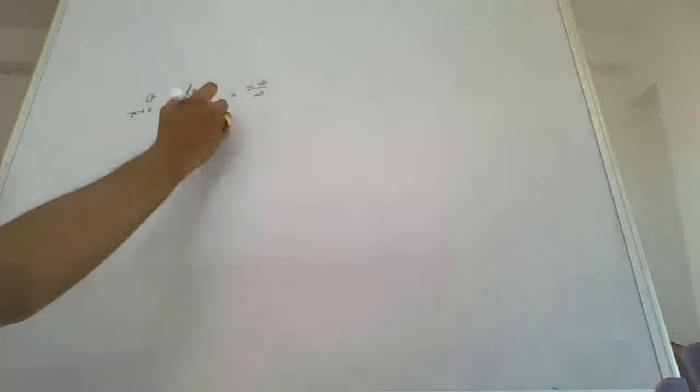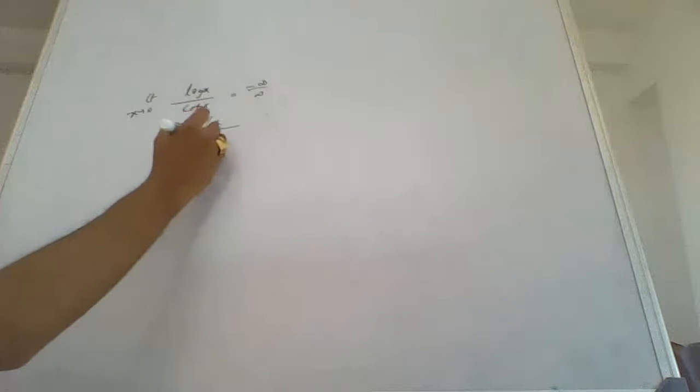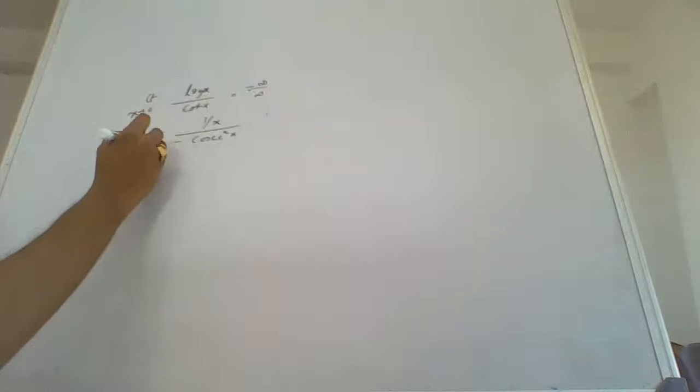Again, by using L'Hopital's rule here, we can find the solution. Differentiating with respect to x, for the numerator, I get 1 by x, and for cot, I'll get minus cosecant square x, and this is the limit as x tends to 0.